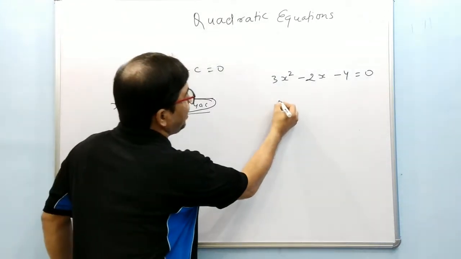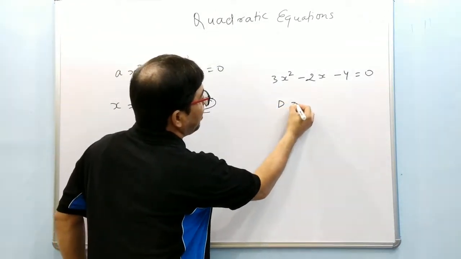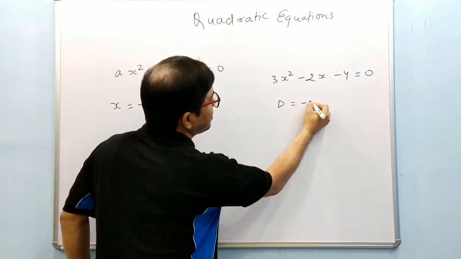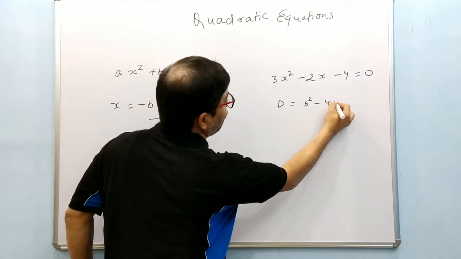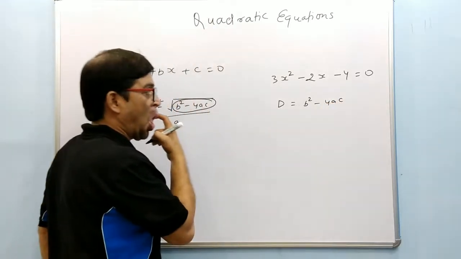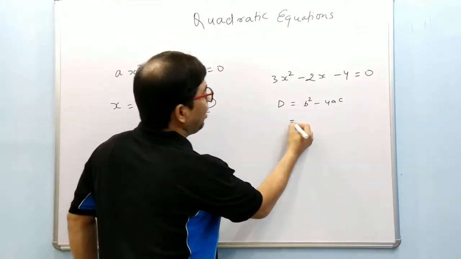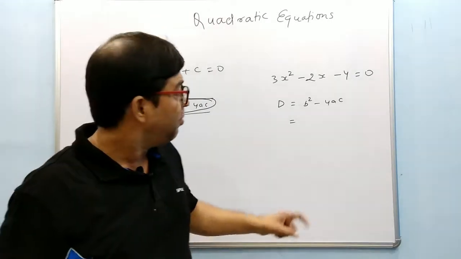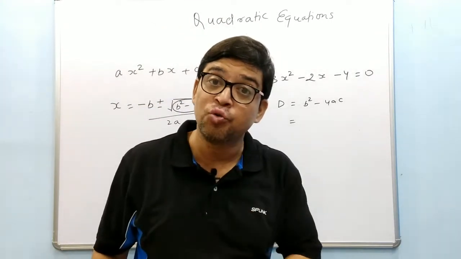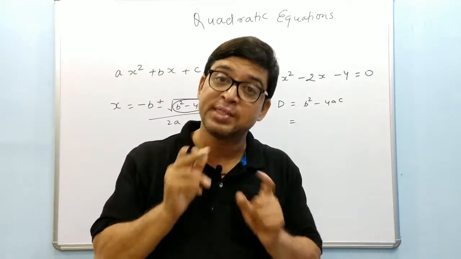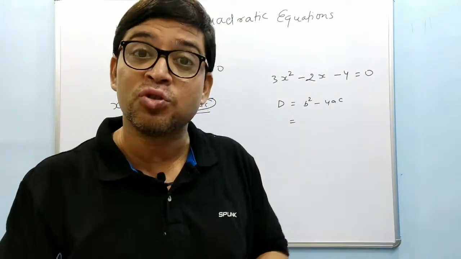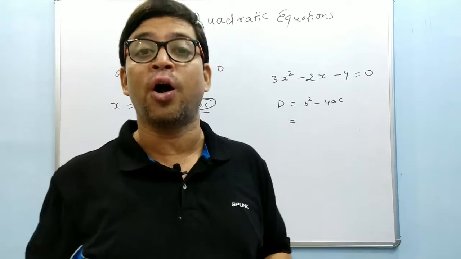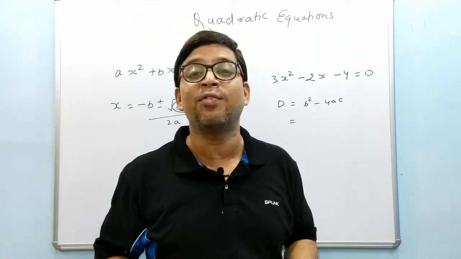Firstly we need to find the discriminant, that is b square minus 4ac. So what is b? b is minus 2. Don't say 2. Always take any number along with its sign, as we say Mr. John, Mrs. Savita.